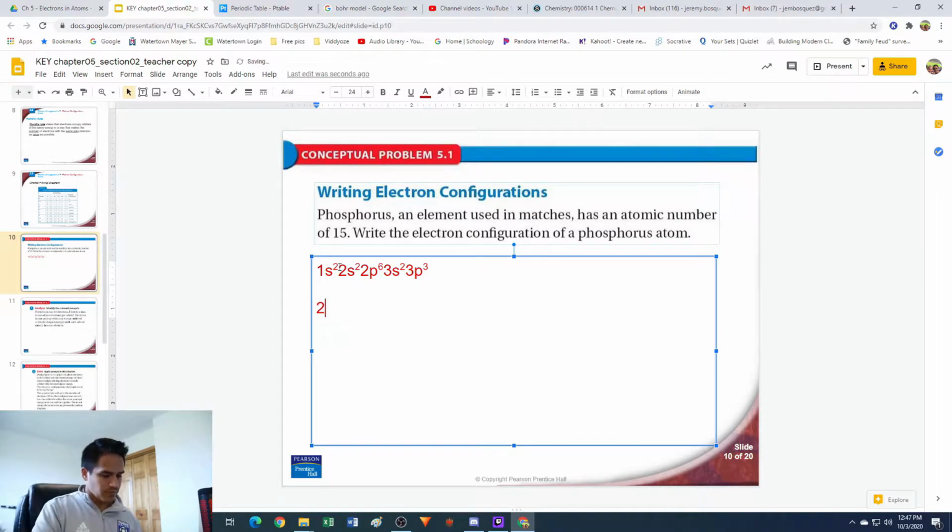So 2 plus 2 plus 6 plus 2 plus 3 equals: 2 plus 2 is 4, plus 6 is 10, plus 2 is 12, plus 3 is 15 electrons, which I'm going to write as e minus. That's the shorthand symbol for electrons. So this is our electron configuration for phosphorus, and we're just going to write P for phosphorus.